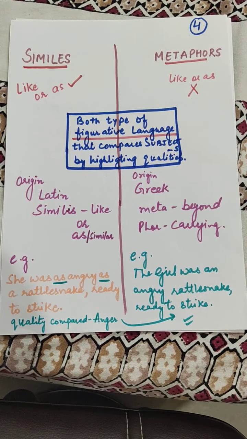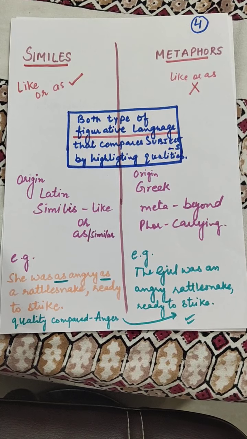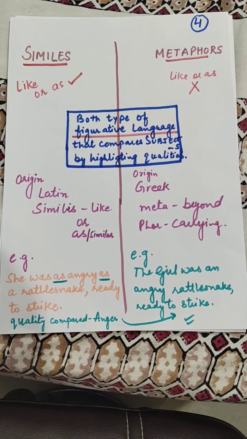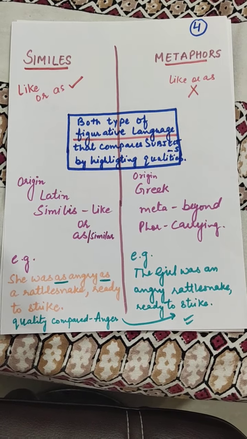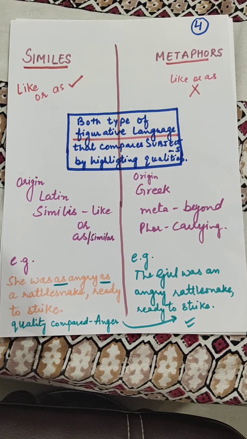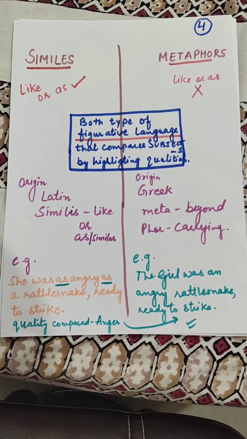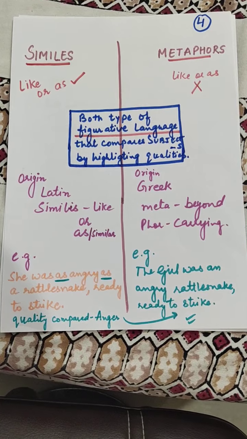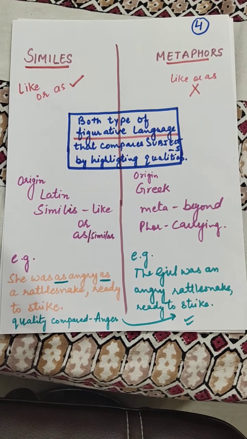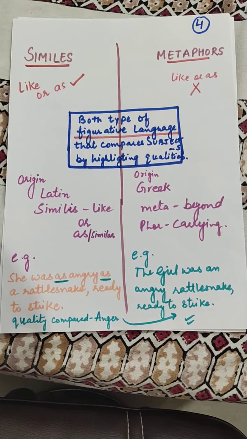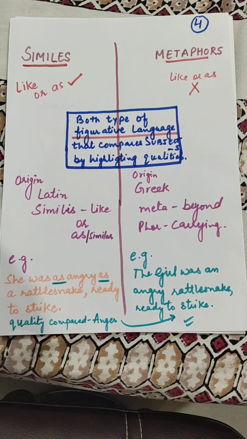Now let's come to a metaphor. The girl was an angry rattlesnake ready to strike. Here you are going to find the quality compared is the similar one. Anger is being compared, right? Whereas in a simile, you see the usage of words as or like, and in a metaphor, we do not find such words.